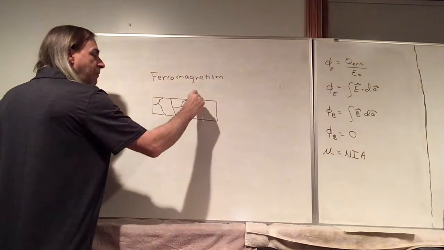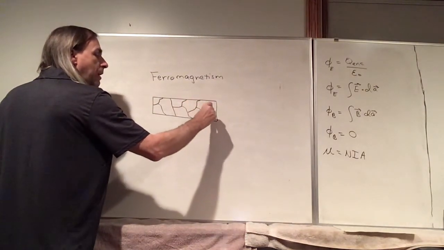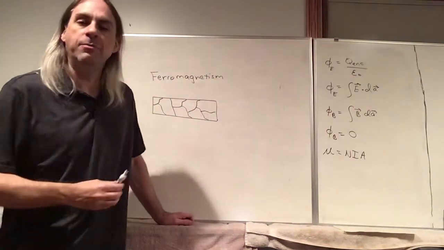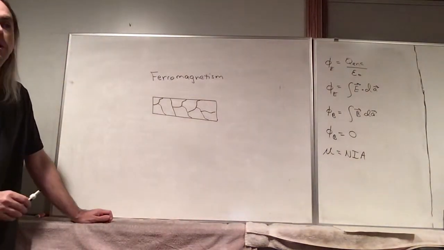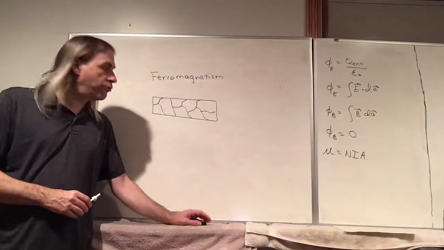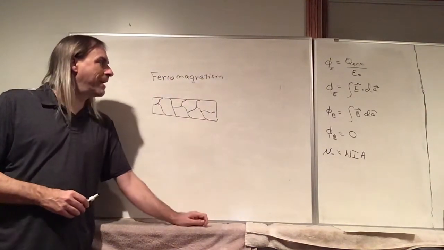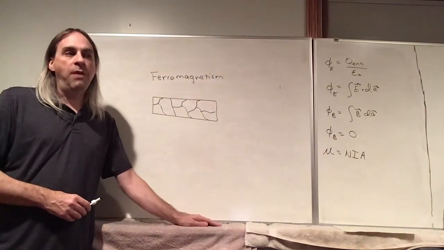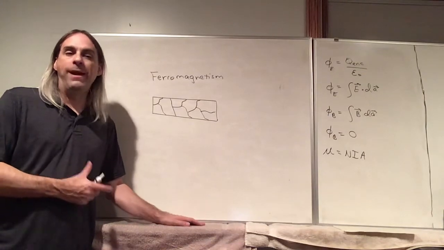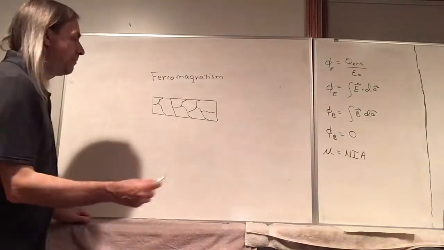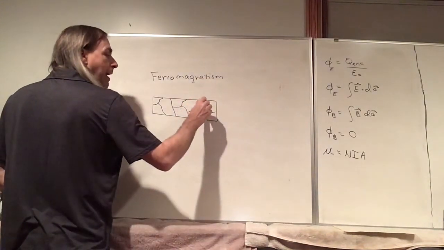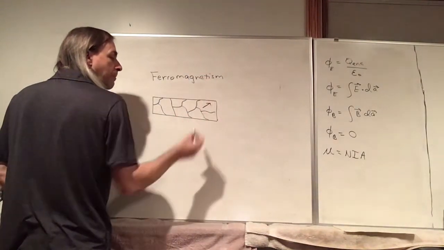What happens in a ferromagnetic material? Remember, in most materials the atoms' magnetic moments are randomly arranged. A ferromagnetic material forms these regions called domains, where in every domain the atoms are lined up. So in this domain, all the magnetic fields line up this way.